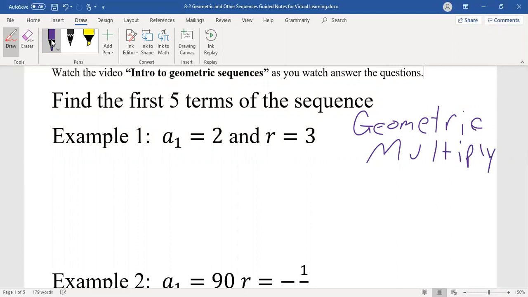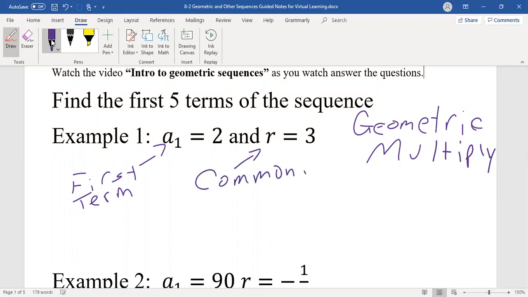Just like in arithmetic sequences, you have your first term, which is denoted by A1. Then you have a common ratio, or your multiplying factor, and this is what you multiply by.